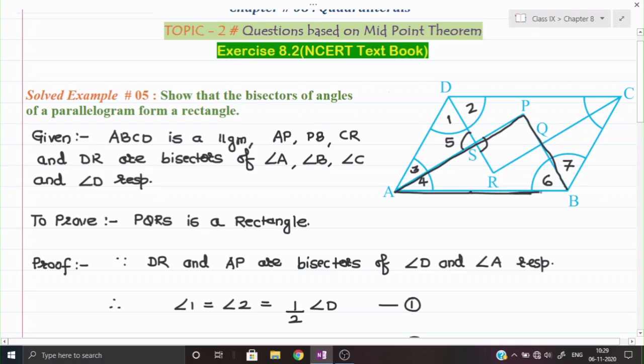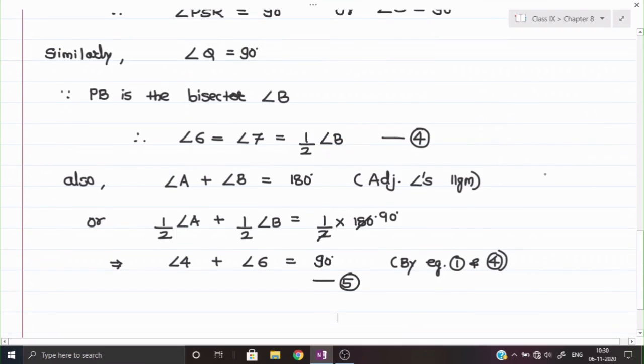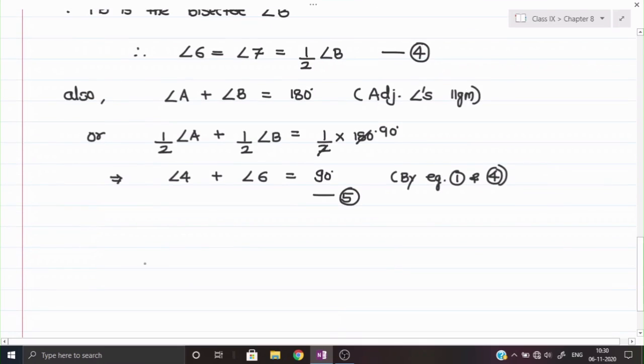Now you see in this triangle, one angle is angle P, second is angle 4, and third one is angle 6. Okay, so we are taking the sum of these three angles, 4, 6 and P, and that's why I have taken angle 4 and angle 6 over there. So now we shall write down first the last in triangle APB.